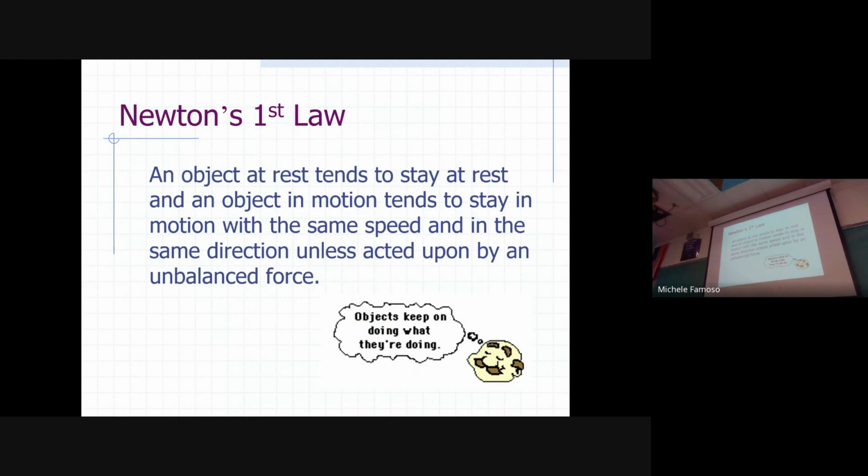Remember, what we're doing now is talking about why objects move the way they do. Objects will move the way they do because forces are acting on them. And we're telling you that it will keep a constant velocity or no velocity if there isn't an unbalanced force.